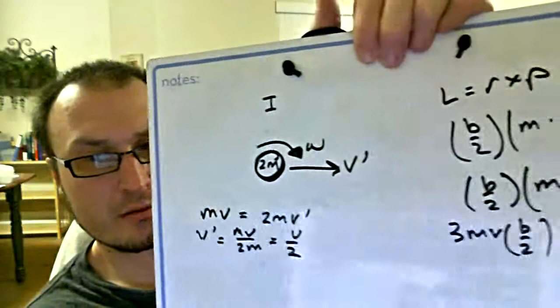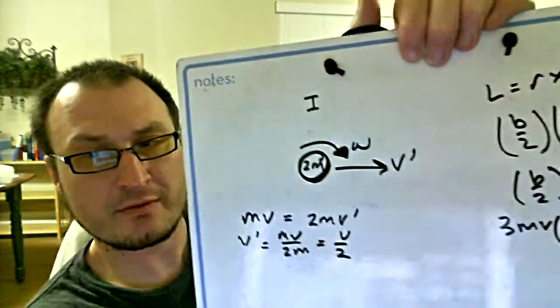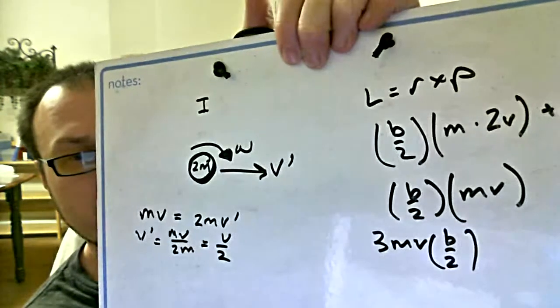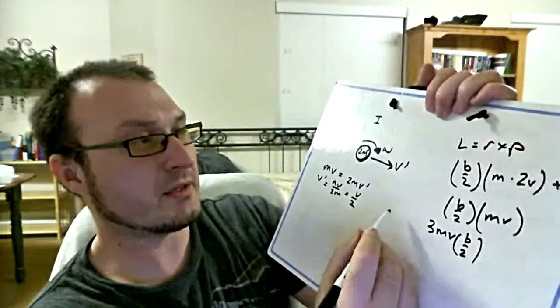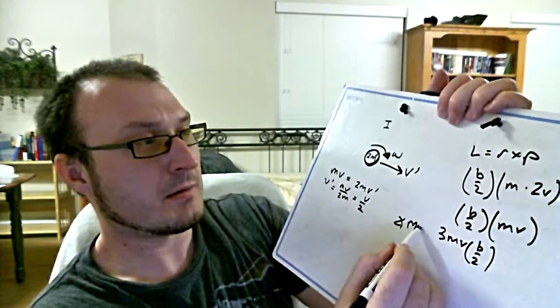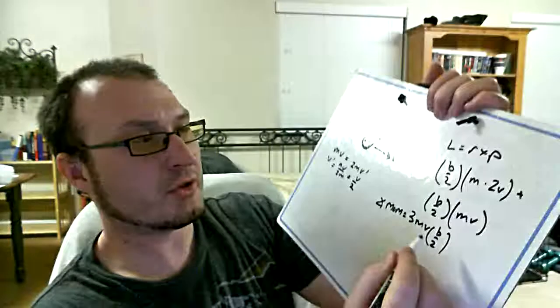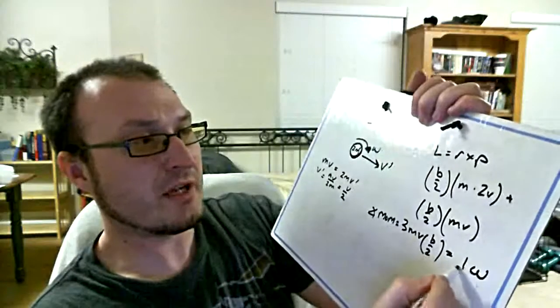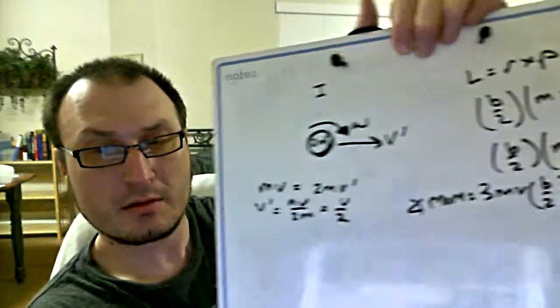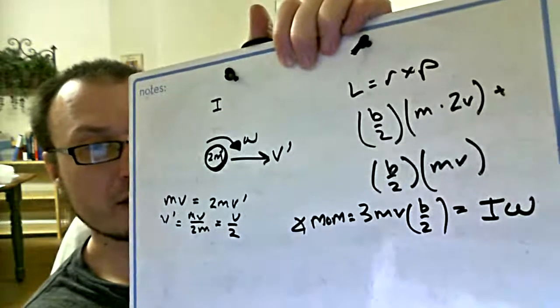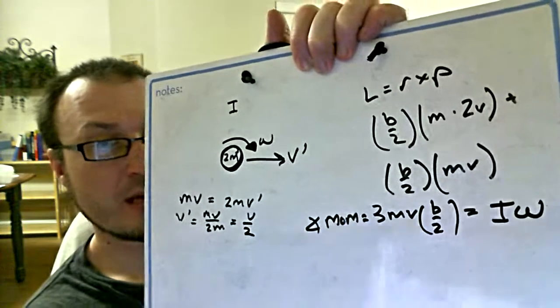Okay, so that is equal to I omega. And so if I want omega, I just take 3mv times b over 2 and divide it by I.